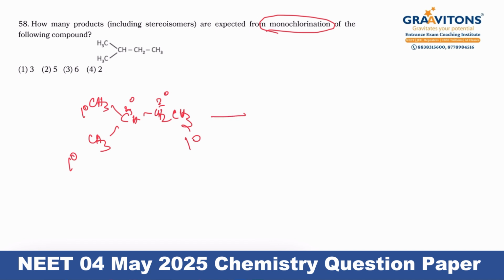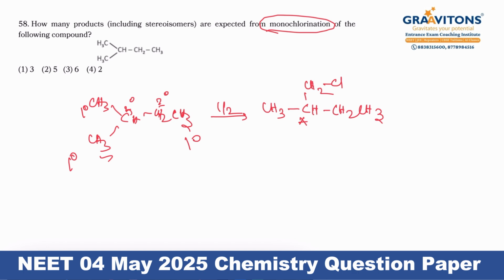Let us check if it undergoes monochlorination. First we shall take a primary carbon, where I can do my chlorine substitution in this carbon, leading to this isomer. In this isomer, can you find that this carbon is an optical center?